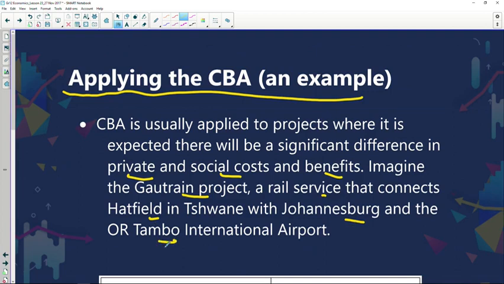Okay, so we know that the Gautrain was one of the biggest projects that we've seen in our country. It was quite an exciting development leading to the World Cup, that we will finally have this underground train and also bring that experience that people in the UK, people in London, and in New York and in China have as well. So it was very exciting.